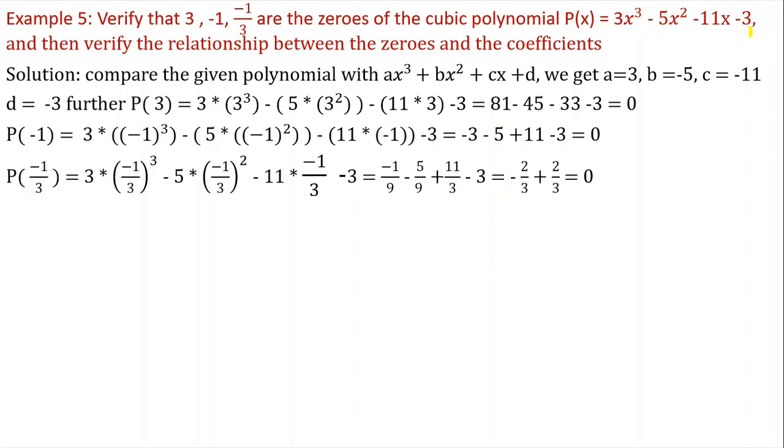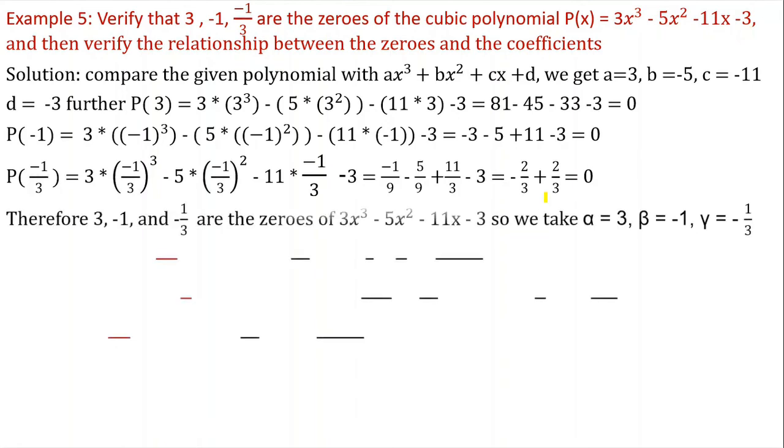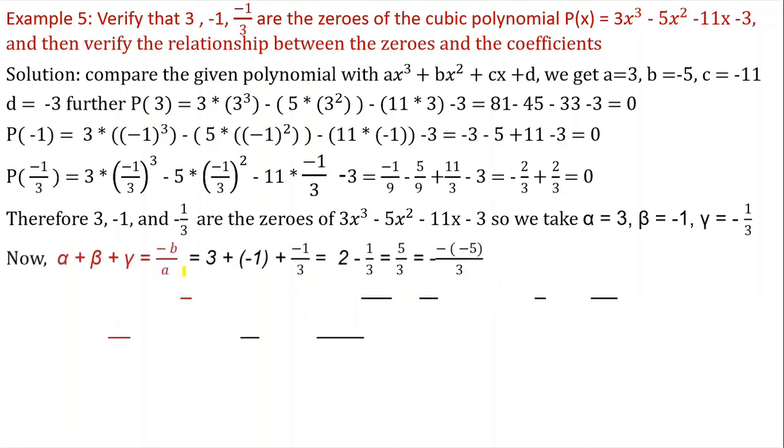Now if I want to check the relationship between zeros and coefficients, I know that the sum of the zeros, alpha plus beta plus gamma, is equal to minus b by a. So in the question, when I compare with the standard form, I get minus b by a as 5 by 3.